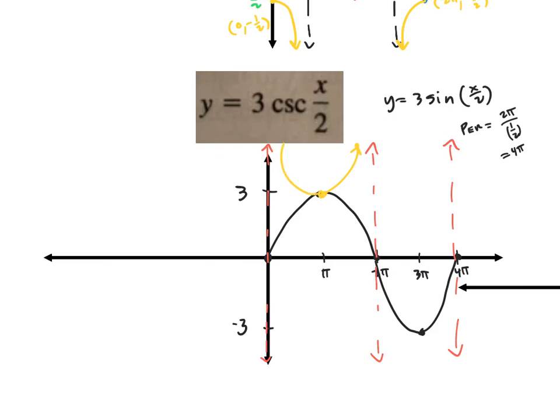So our function kisses the sine function right there at 3 pi -3 and at pi 3. And we got ourselves a cosecant graph. Of course, now the period is 4 pi, as you can see. From beginning to end of one cycle is 4 pi units.